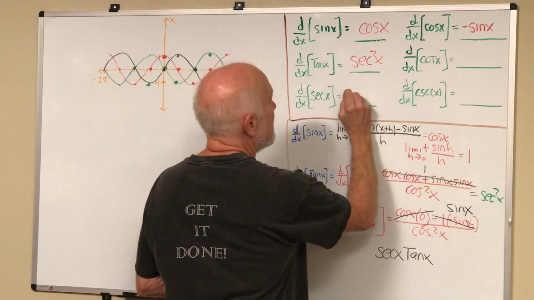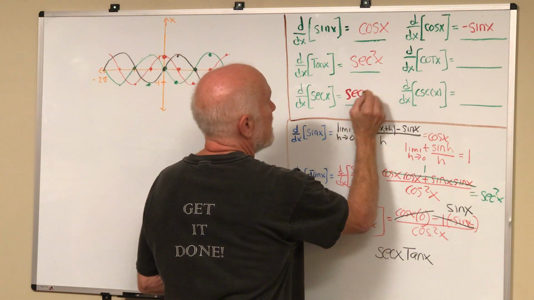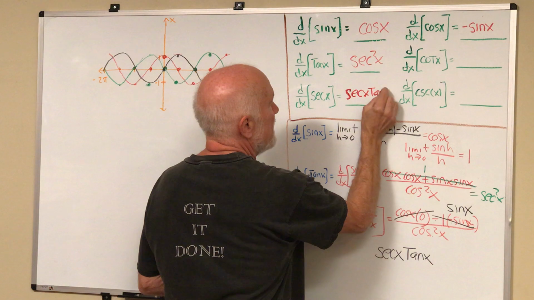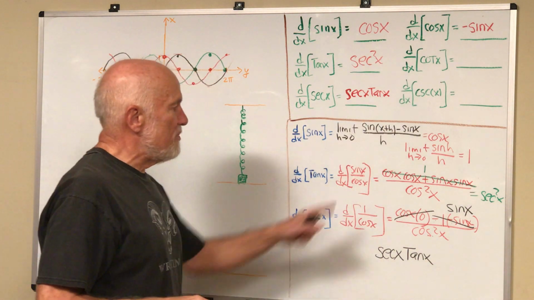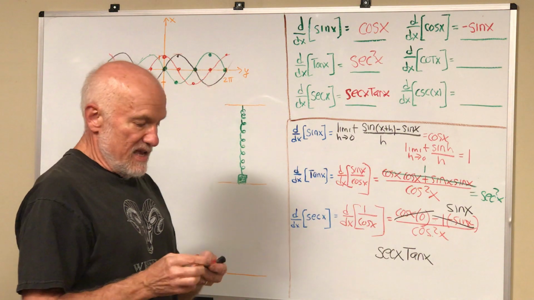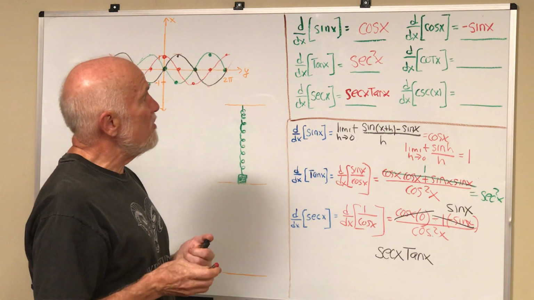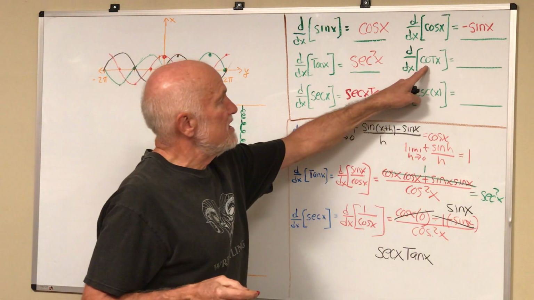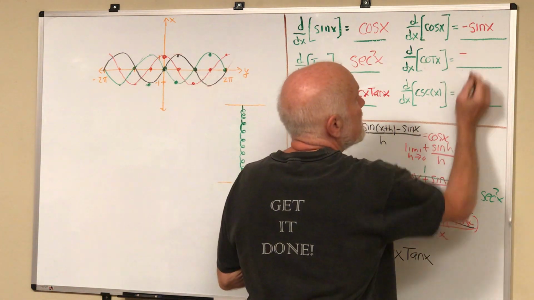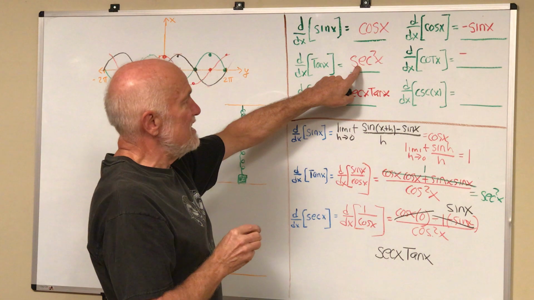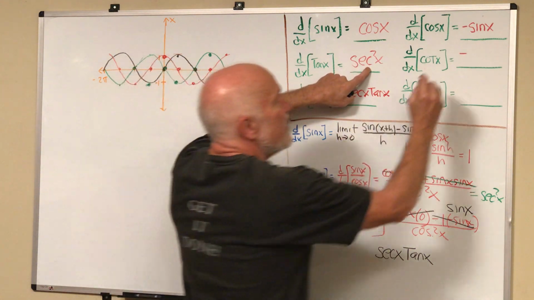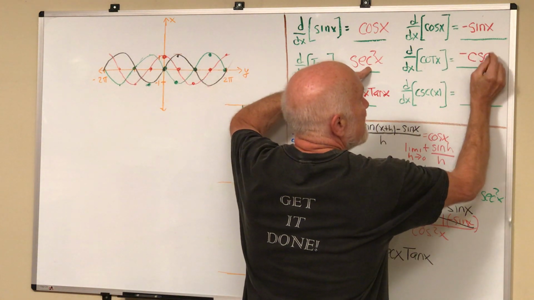Now we could do these two the exact same way, but you're probably getting tired of watching me take derivatives, so I'm just going to tell you that the derivative of the cotangent is minus, and it turns out sort of like the tangent. The tangent is secant squared. This is the cosecant squared.